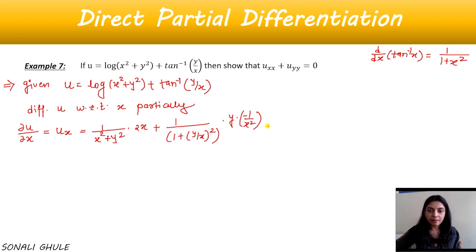Okay. And if I simplify this, what do I get? 2x upon x square plus y square. Now this is a negative term, so I'll write a minus sign here. And y upon x square. And here, if we solve this denominator, it will be y square upon x square. Right?